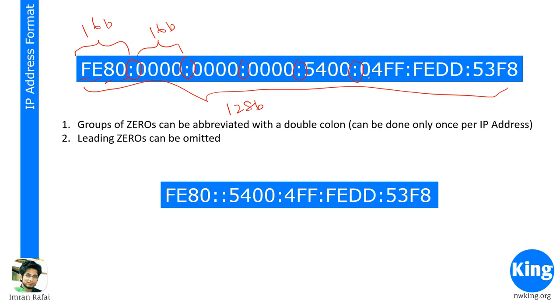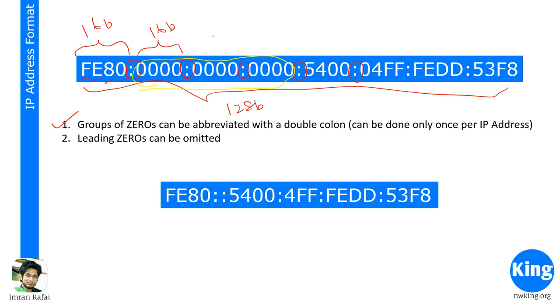Now it's not easy to remember an IP address this long, so there are some rules through which you can shorten the IP address. Rule number 1 says groups of zeros can be abbreviated with a double colon, and this can be done only once per IP address. That means if you look at this, let's say in yellow, you have 3 blocks of zeros.